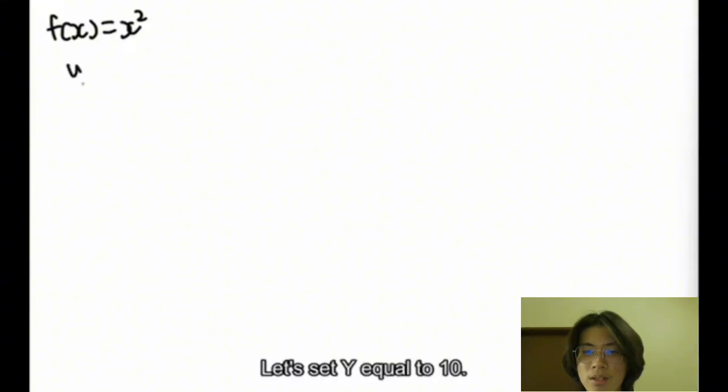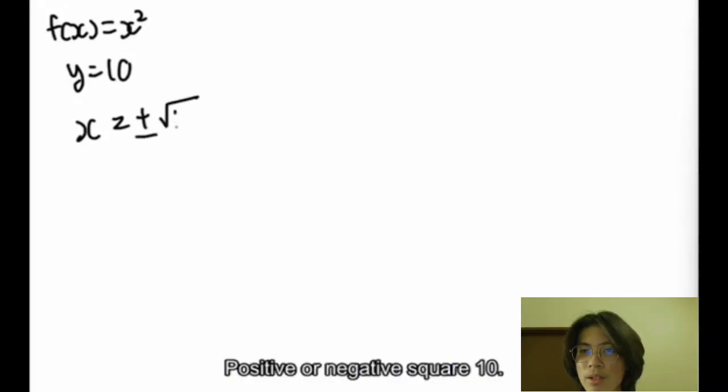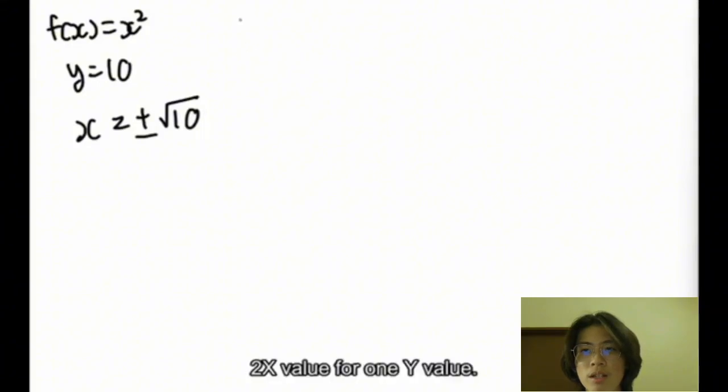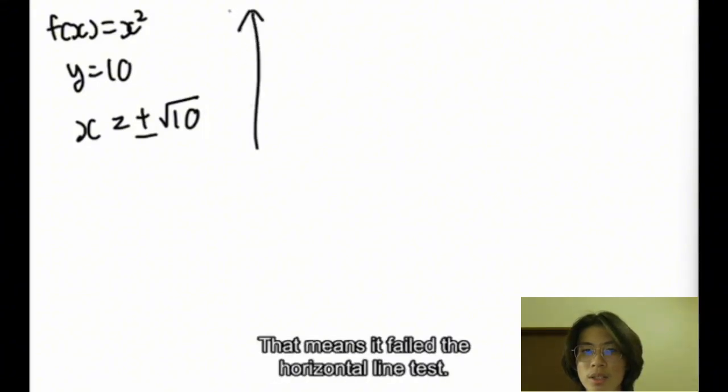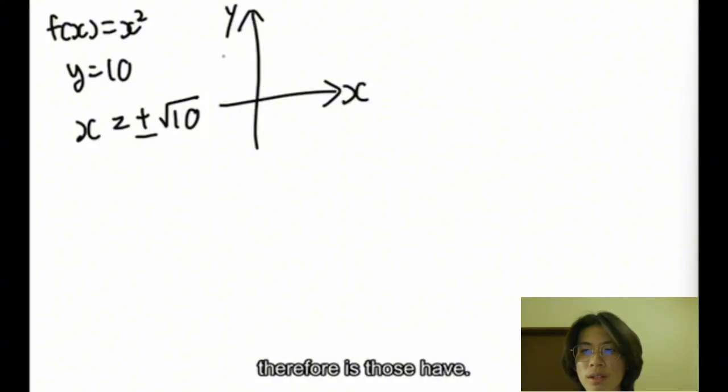Let's set y equal to 10. That gives x equal to positive or negative square root of 10. 2 x values for 1 y value. That means it fails the horizontal line test. This is a function but not a one-to-one function, and therefore it does not have an inverse.